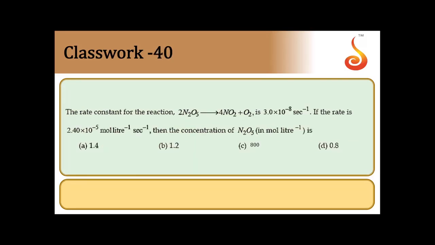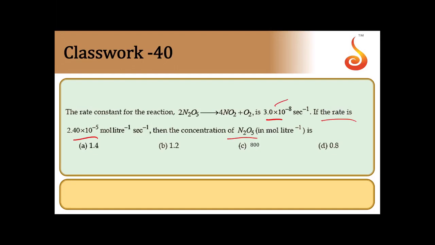Then the 40th one. The rate constant of the reaction is given to us as 3.0 × 10 to the power of minus 8, and the rate is also given. What is the concentration of N2O5? Same type of problem. We should find the concentration now.